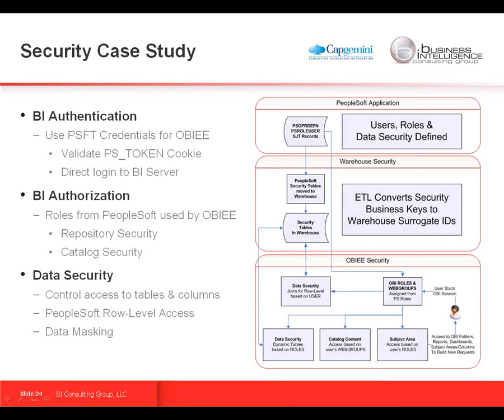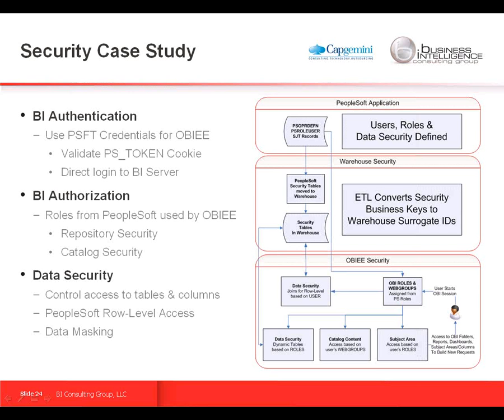Again, we did that based on the value of a PS token cookie if they were logged into PeopleSoft. We also wanted them to be able to access the BI server directly with tools like Java or Crystal Reports. In that case, we needed to have them log in to the BI server using their PeopleSoft user credentials.